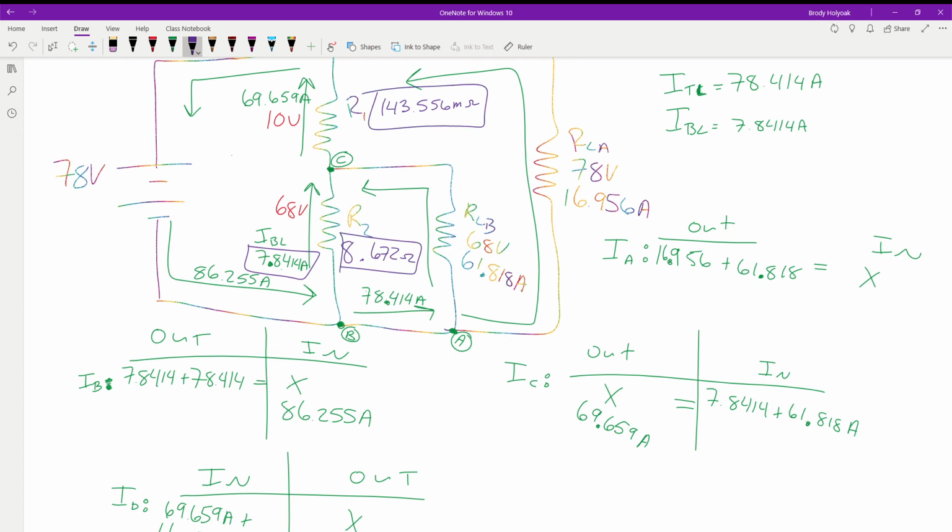Now we could go and build this circuit. If we had components that could handle the power, we could build this circuit. And test it. I mean, wouldn't that be fun? 70 amps running through it. We could. Yes. So 143 milliohms of resistance, that's a couple of feet of wire.